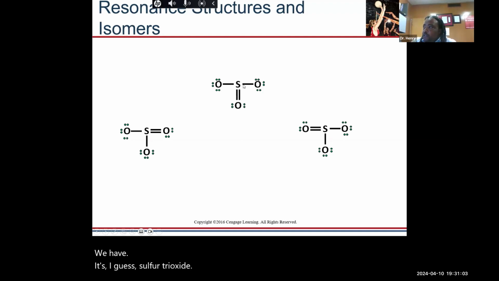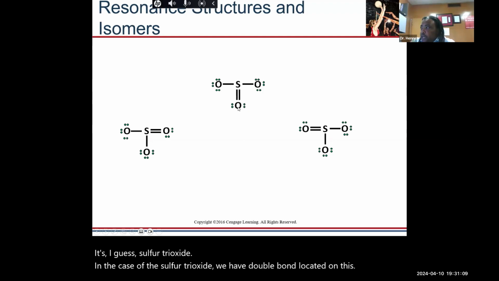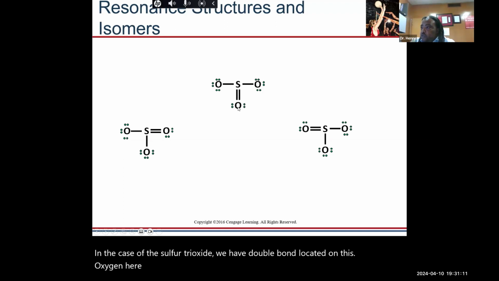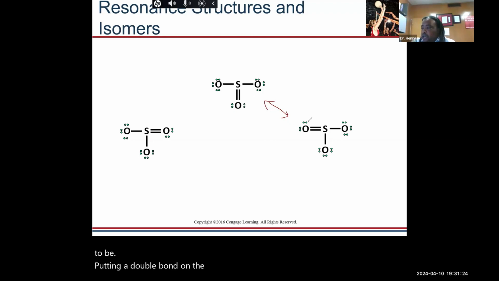In the case of the sulfur trioxide, we have a double bond located on this oxygen here. A resonance structure of that would be putting a double bond on the oxygen in the upper left-hand corner. So that would represent a resonance structure.